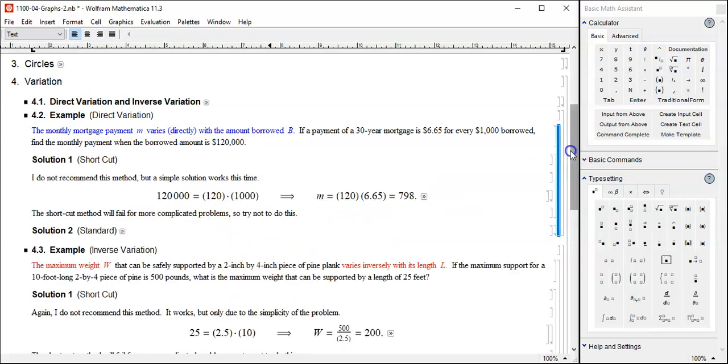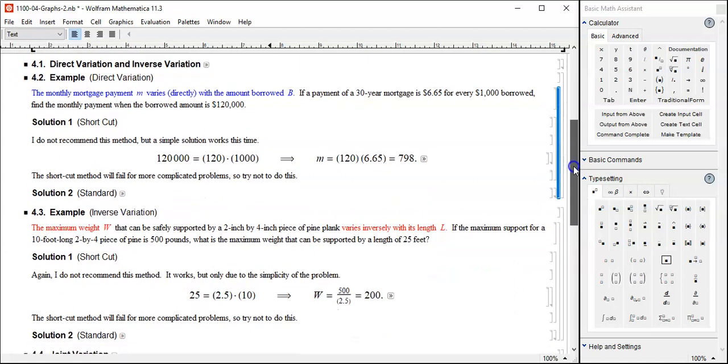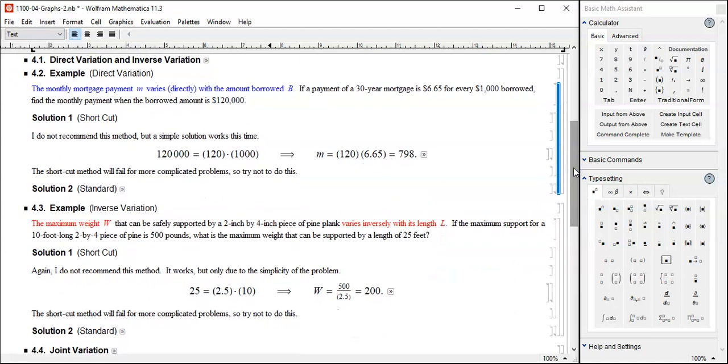Same as that. Direct variation. If one quantity is double, triple, quadruple, tenfolded, exactly the same as the other variable, double, triple, quadrupled, hundredfolded. As for inverse variation, if one quantity is double, tripled, quadrupled, tenfolded, the other quantity should be 1/2, 1/3, 1/4, 1/10, like that.